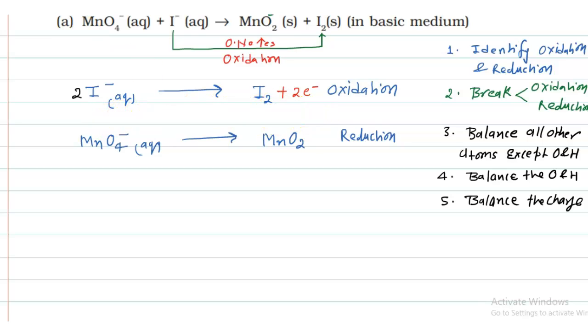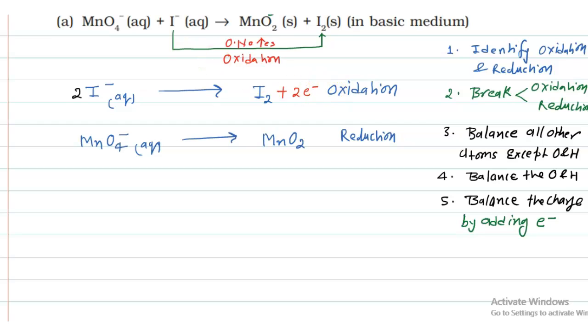Next, now balance the redox reactions. Balance the charge by adding electrons. Electrons are added towards the opposite side of where the negative charge is, so here the electrons are added towards the product side.